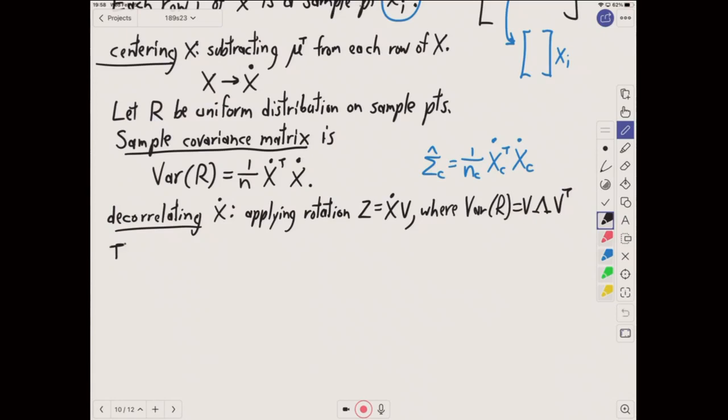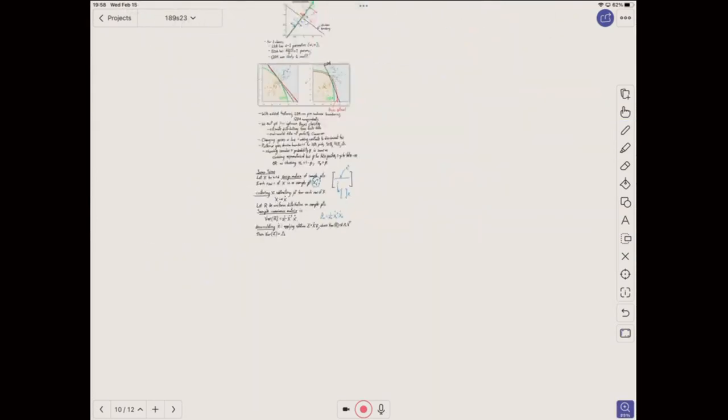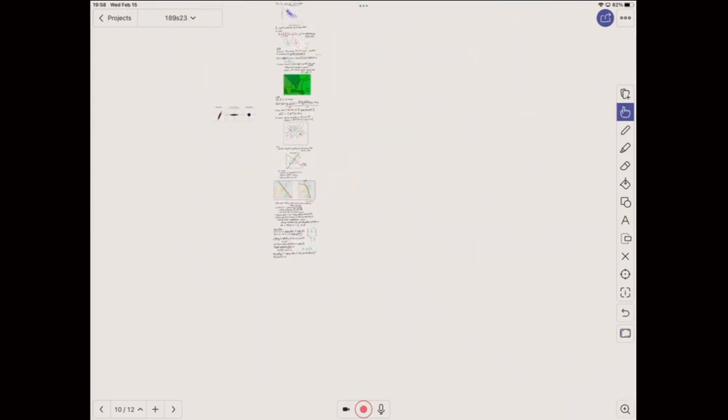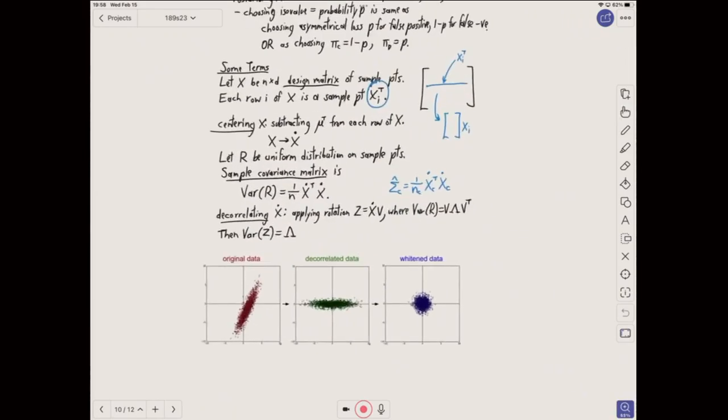Specifically, the variance of this rotated point set is going to be a diagonal matrix, the eigenvalues. So I think a picture helps to make this clear.